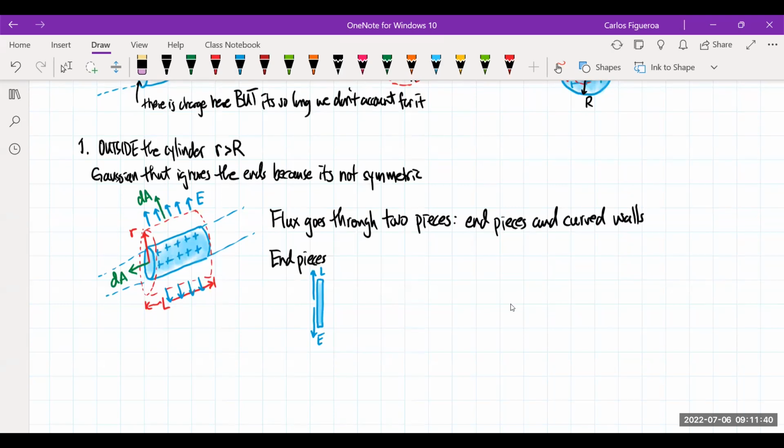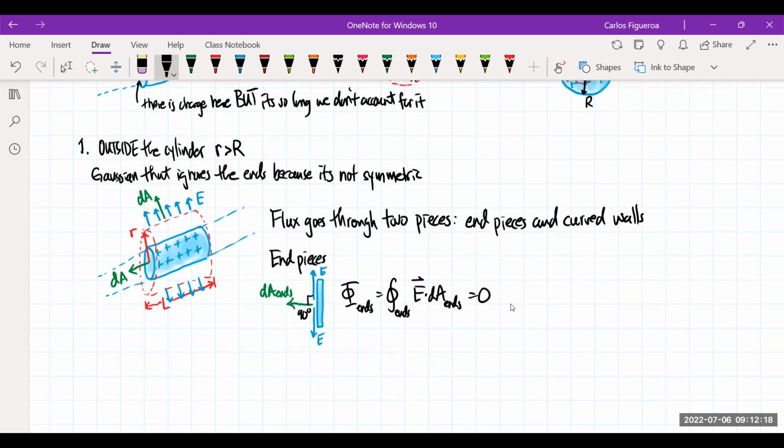Now remember, we're not allowing for the end pieces to have charge on it so that it contributes. And then look at A here. So if you look at A of the ends, you could see that they are perpendicular, that it's at 90 degrees. So immediately I see that the flux of the ends, which is E, of the ends, is then going to be E dot dA of the ends, and this is automatically zero.